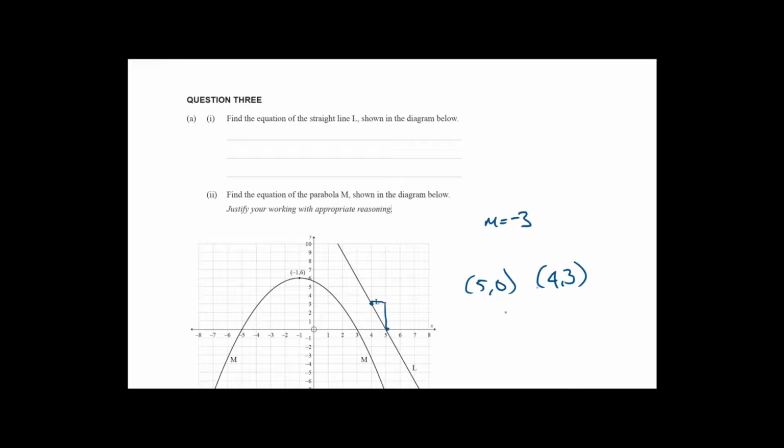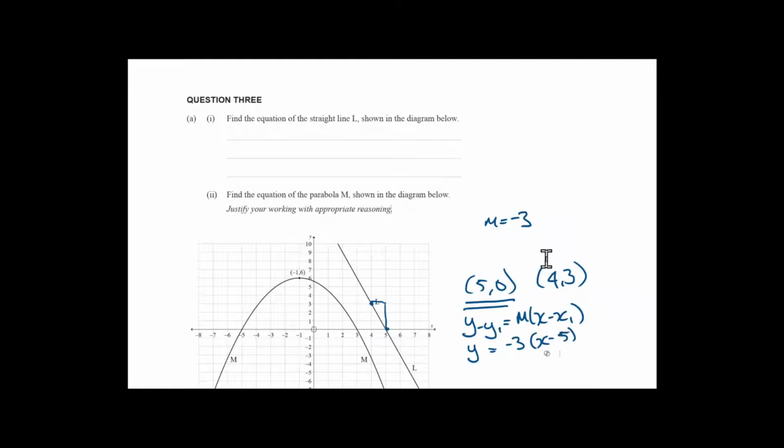So with that, let's choose one of these points and put it in. So y minus y1 is going to be equal to m(x minus x1). y1 is 0, so that's going to stay there. This is going to be -3, x minus 5.